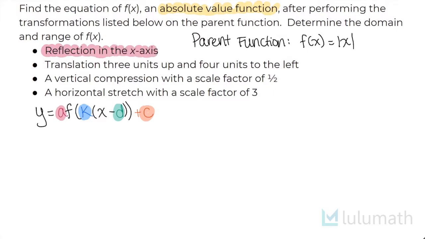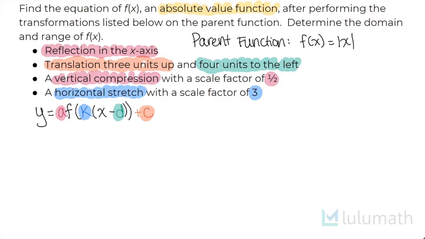We're also told that we have a translation 3 units up, and our vertical translation comes from the c value. And we're also told that we're translating 4 units to the left, and that will affect the d value. We also know that we have a vertical compression, so that will affect the a value again, with a scale factor of 1/2. And we know that we have a horizontal stretch, which is going to affect the k value with a scale factor of 3.